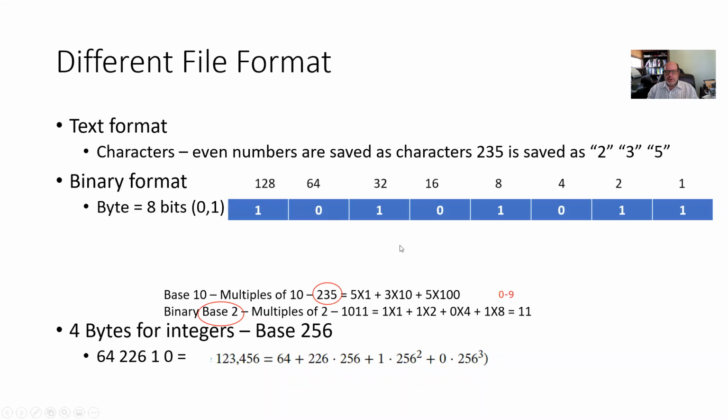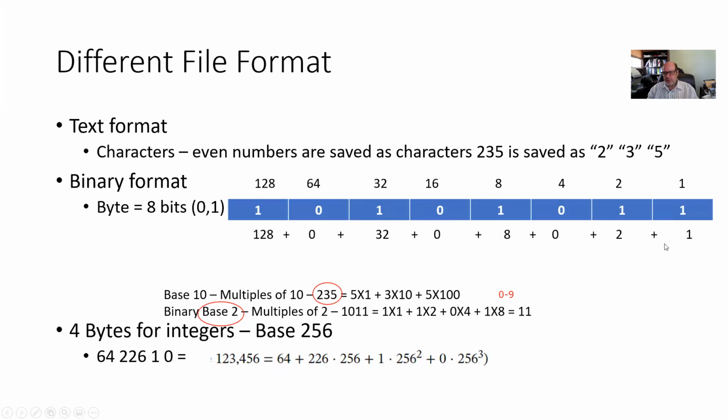Instead of thinking about what is 2 to the 0, 2 to the 1, I'm starting with 2 to the 0, which is 1, and I'm multiplying by 2 as I go to the left. Whenever I want to calculate from binary to the decimal number, I'm going to take these digits and multiply each by its base value.